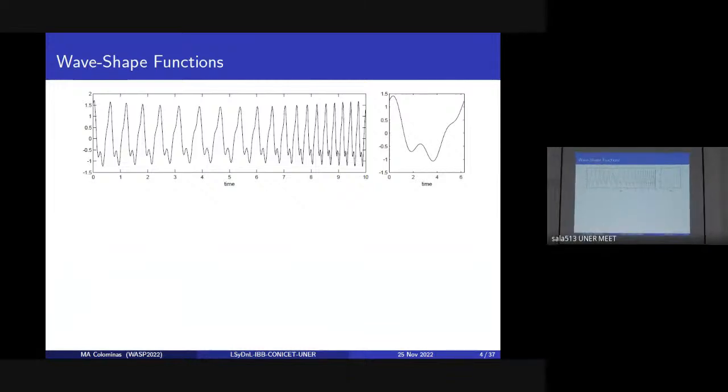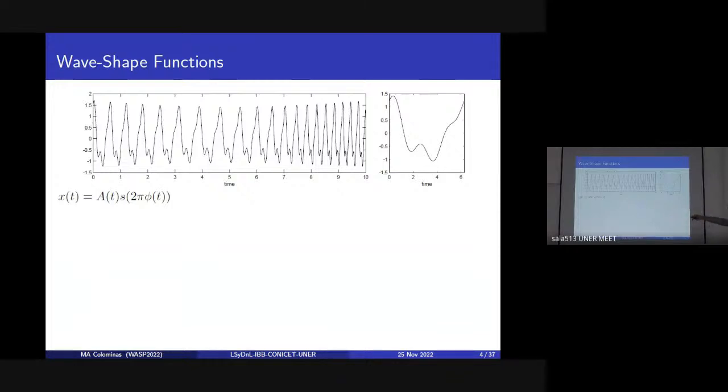So the idea is to see this signal and to model it like this. In a generalization of a classical AM/FM signal, where in that case we have a cosine that is modulated in frequency and in amplitude. Here, what is modulated in frequency and amplitude is a function S that we will estimate later.